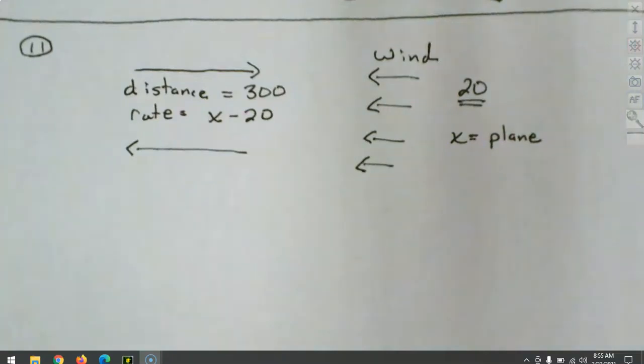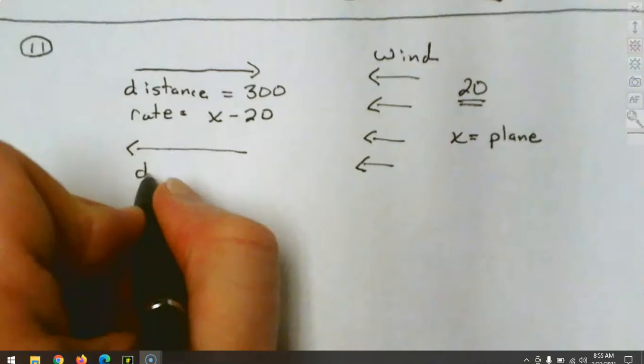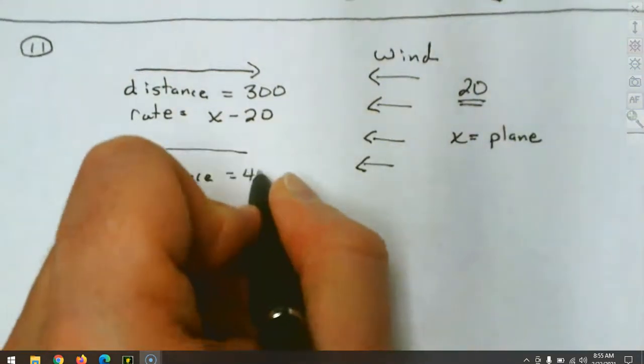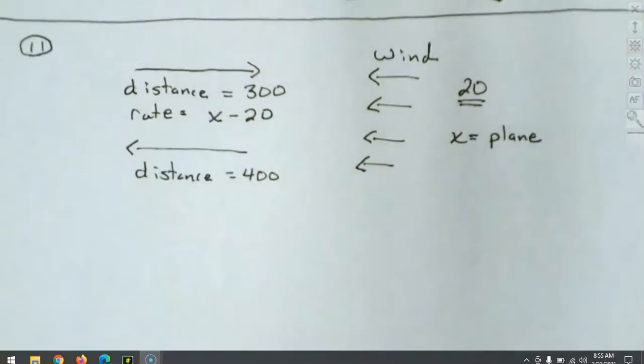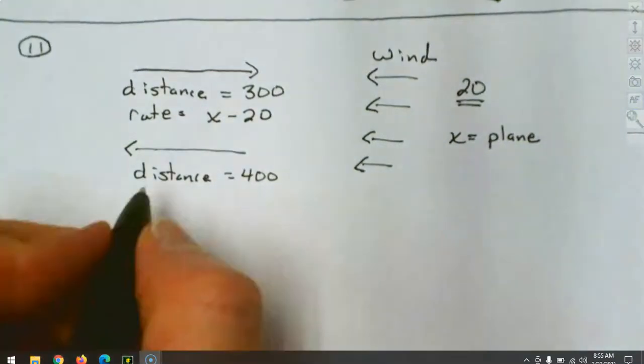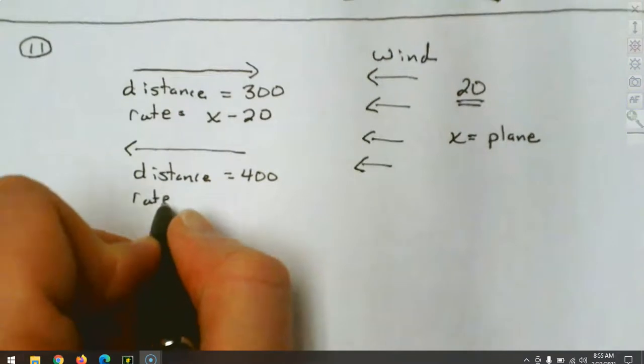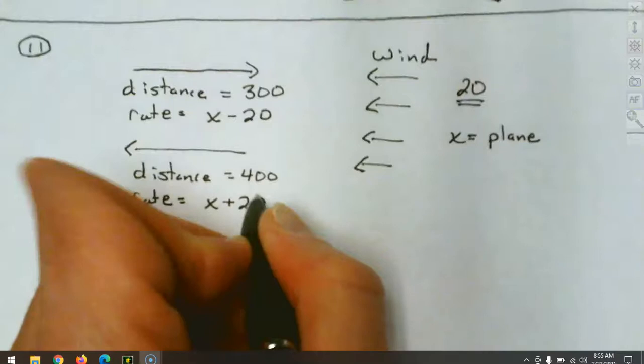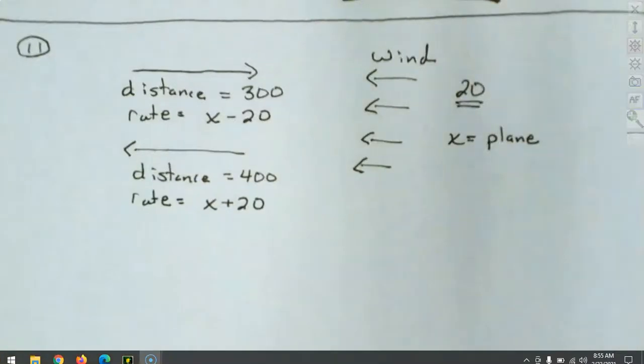When we fly back, the distance is added to it from the wind, so that's going to be 400, and its rate of speed is x plus 20. So that is what we have so far. We've got 1 plus and 1 minus.